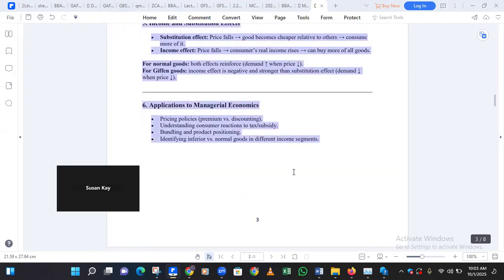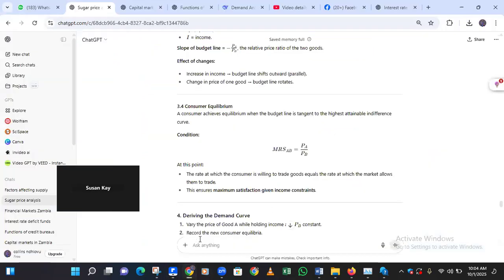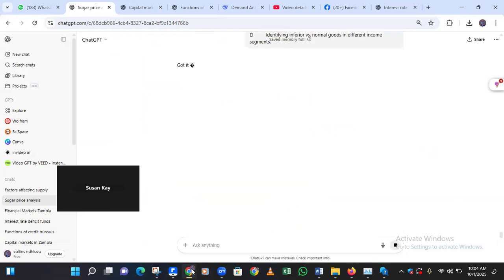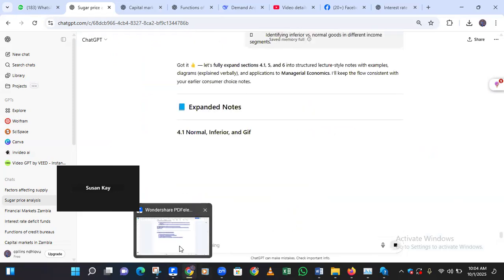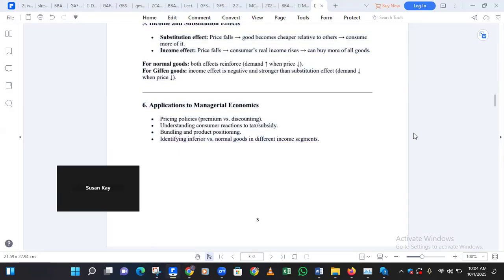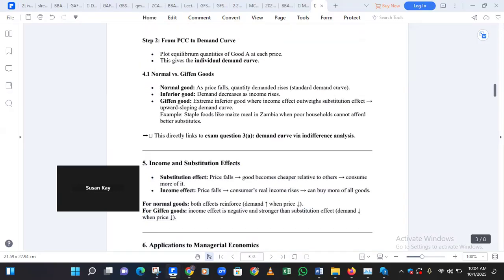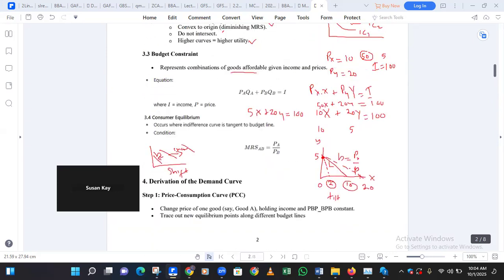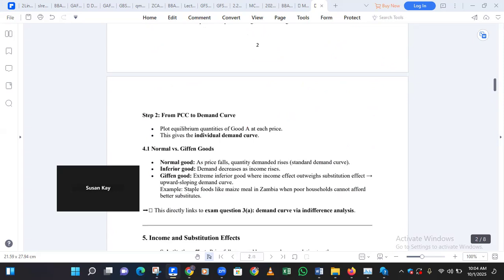So we'll look at the income effect and how we maximize utility. We'll look at our principles as follows. What types of goods do we have?